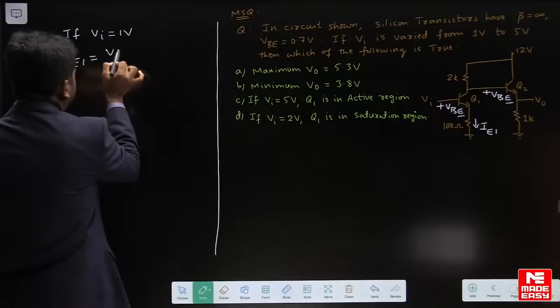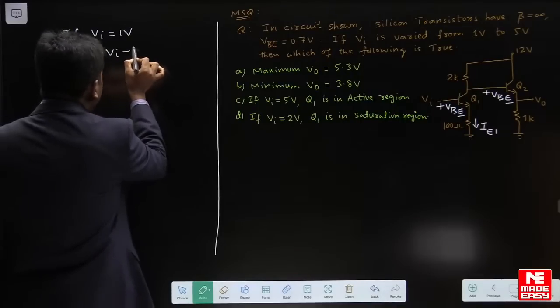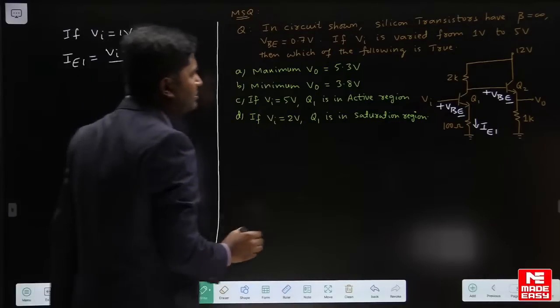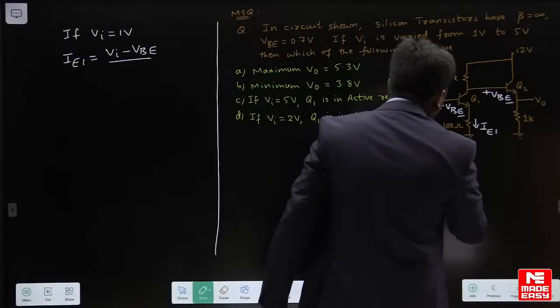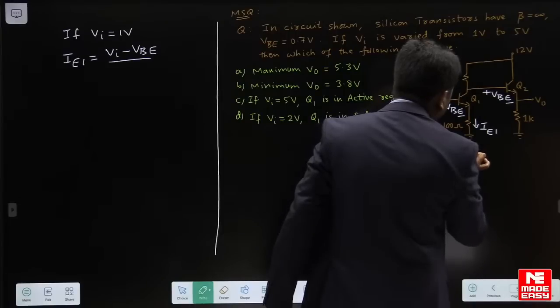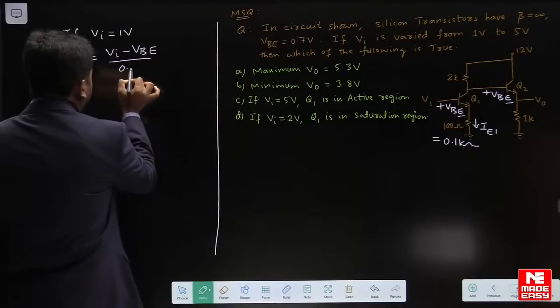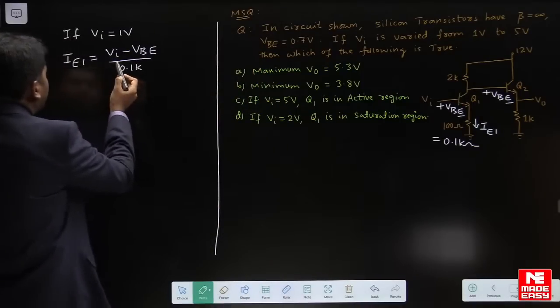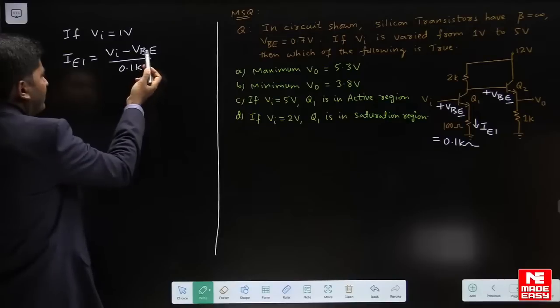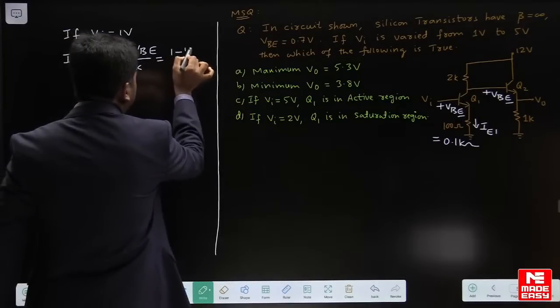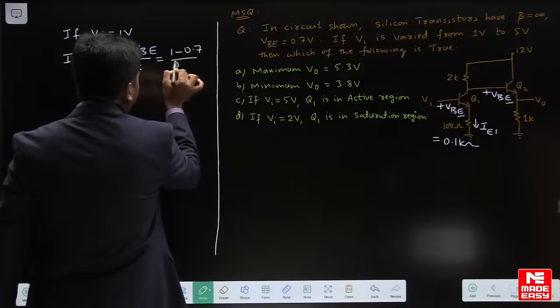That IE1 I am going to calculate here. It will be VI minus VBE divided by 100 ohms. That 100 ohm I will convert into kilo ohms. It is 0.1 kilo ohms, so it is 0.1 K in the denominator. Now put VI as 1 volt and VBE 0.7, 1 minus 0.7 divided by 0.1.